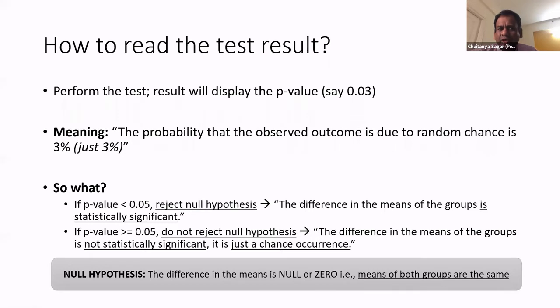The question is, how is the null hypothesis really linked to the test we are performing, and why does the test really confirm or reject the null hypothesis?